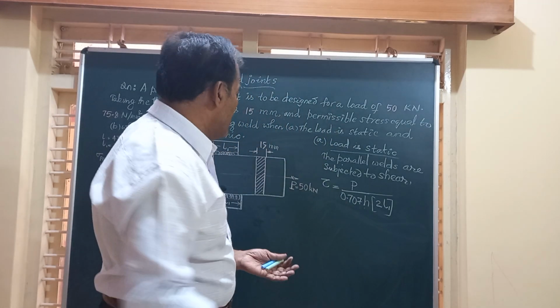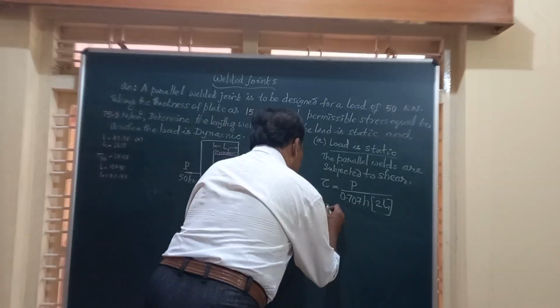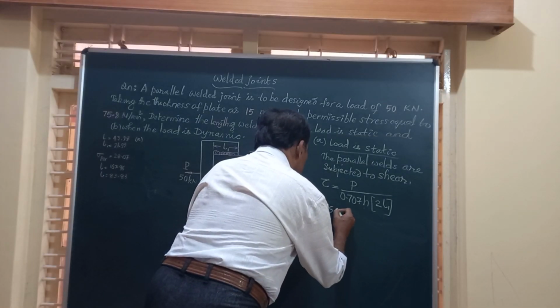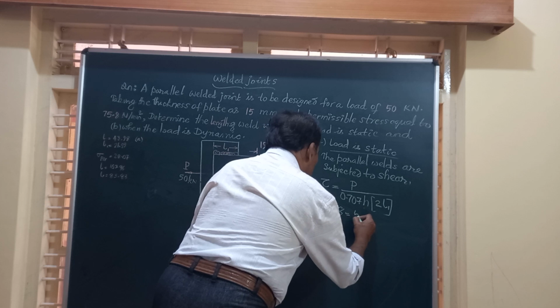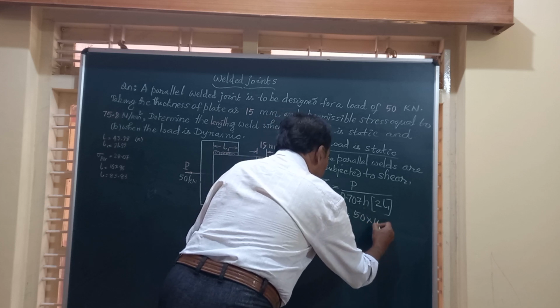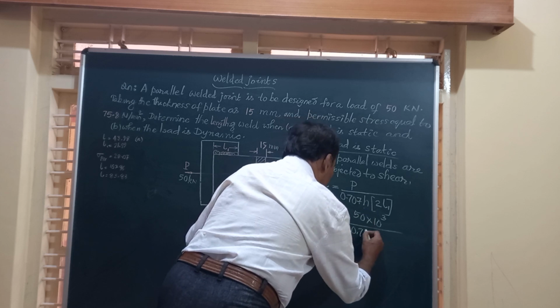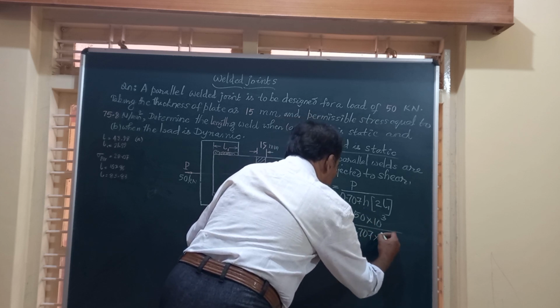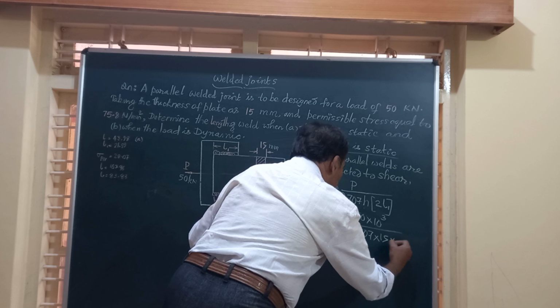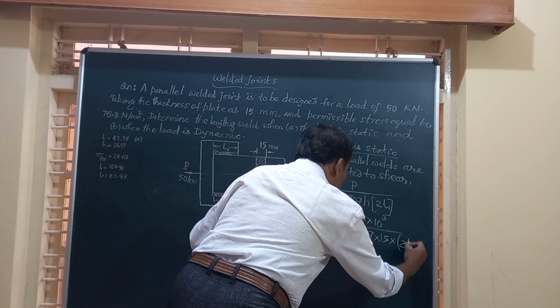So friends, here tau is 75.8 is equal to P, which is 50 into 10 to the power of 3, divided by 0.707 into thickness of the plate, 15, and this is 2 times L1.